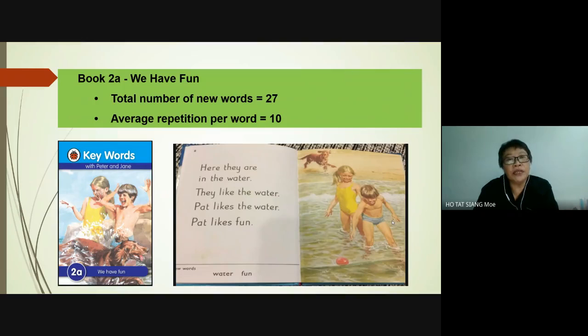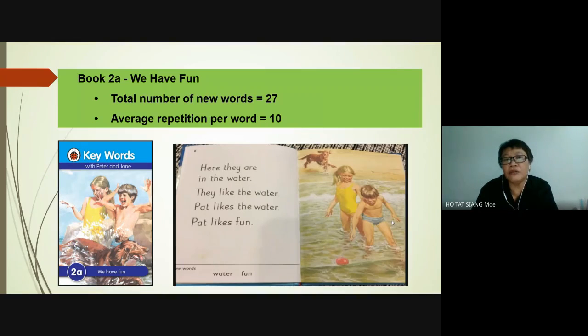Now, for book 2A, the total number of new words is 27. And then the average repetition per word is 10 times. Example here: they are in the water, they like the water. Pet actually is the dog. Pet likes the water, pet likes fun. So you see the new words here. There are so many words in this page, but there are only two new words, water and fun.